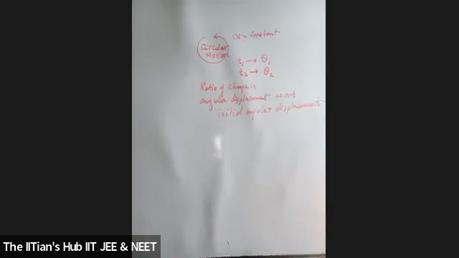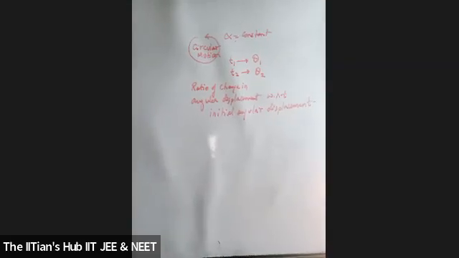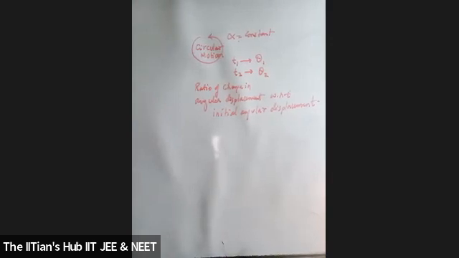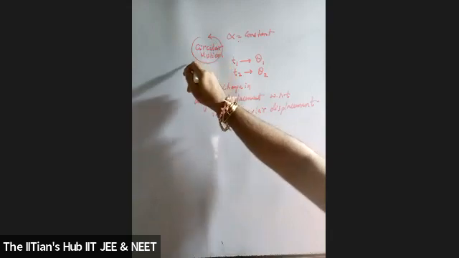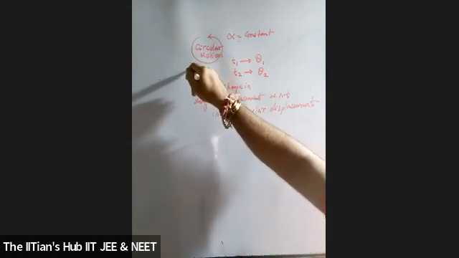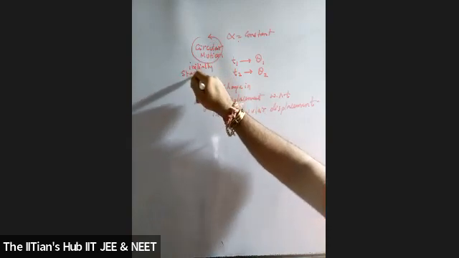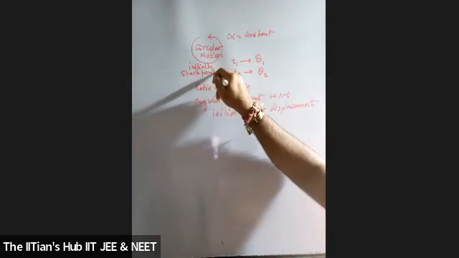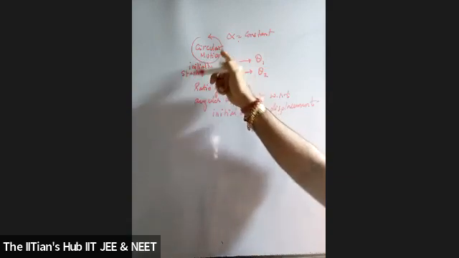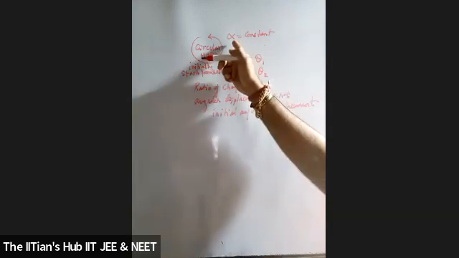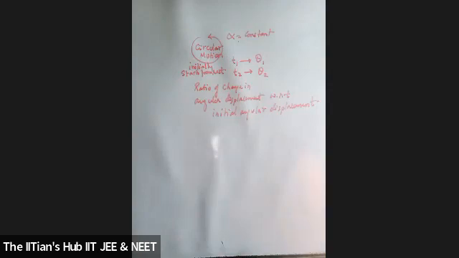Yes. Students, I made it very clear that a particle is performing circular motion with angular acceleration to remain constant. And initially it starts from rest. So a particle is performing circular motion initially at rest, then attains a constant angular acceleration.